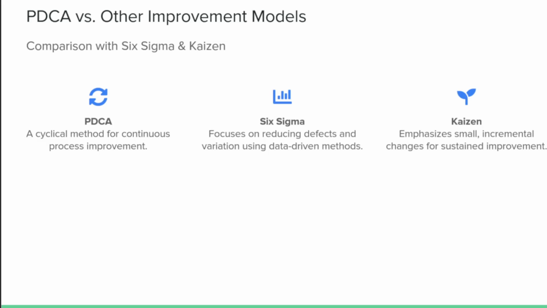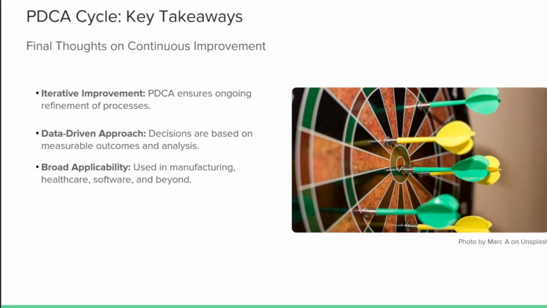Meanwhile, Kaizen emphasizes continuous small-scale improvement and fosters a culture of long-term innovation. While these models share a goal of enhancing processes, organizations often combine elements from multiple methodologies to achieve optimal results.